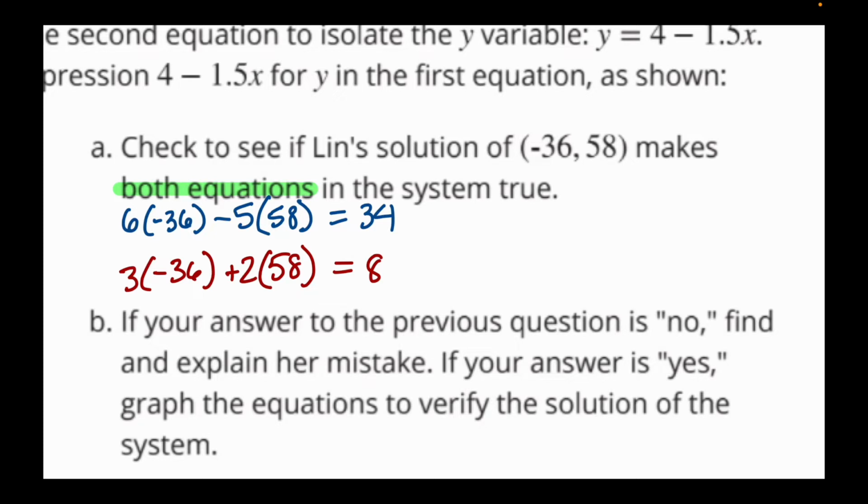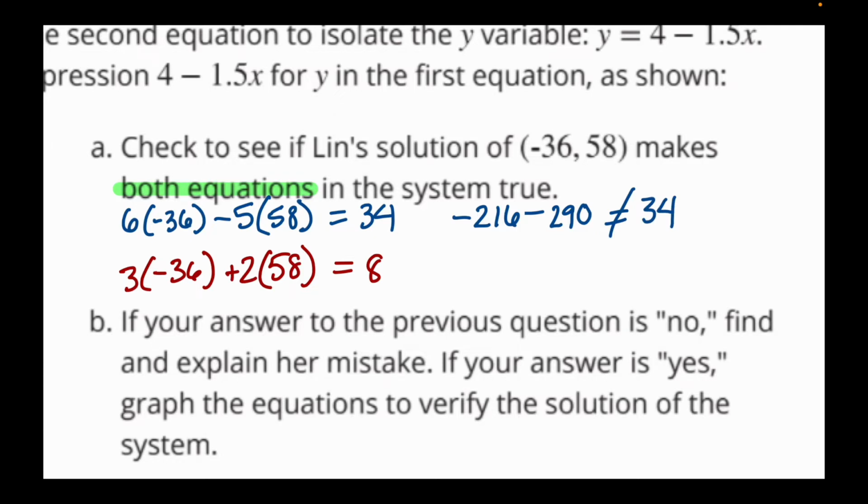And then we're going to subtract even more from that. So negative 216 and then minus 5 times 58. That's 290. That is absolutely not equal to 34.